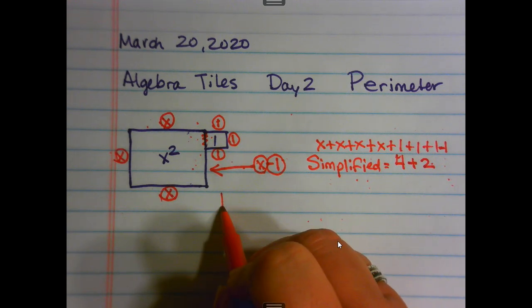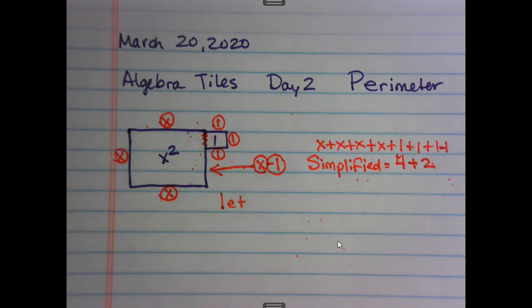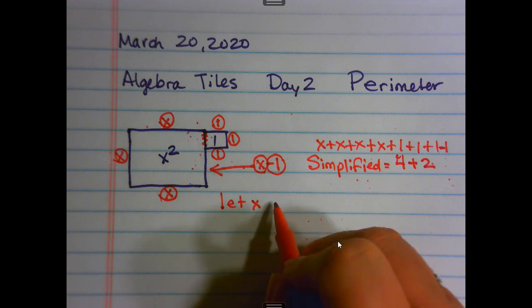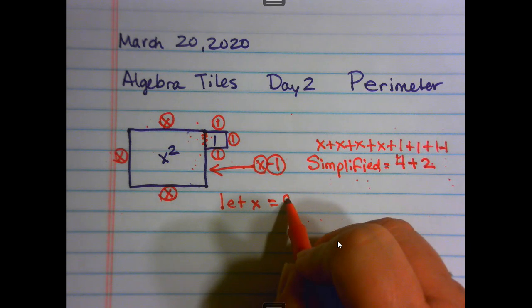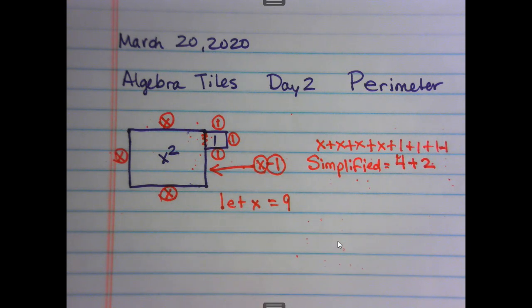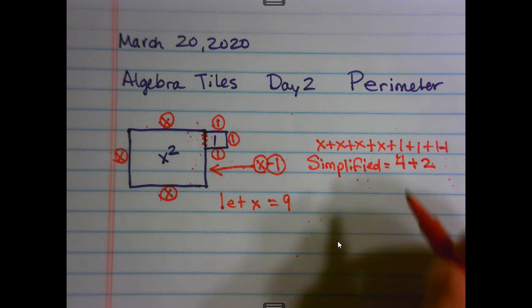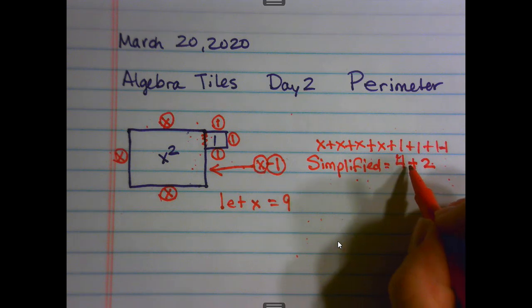I'm going to choose a number that we are going to substitute in for the letter X. And today we're going to have X equal 9. So my next step is I'm going to substitute in, and I see that I've made a little error here.